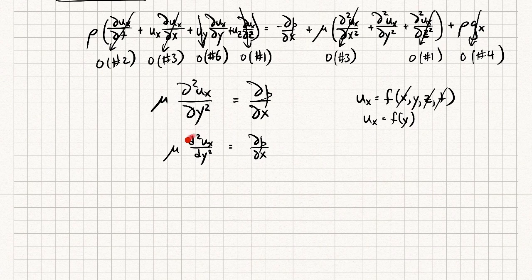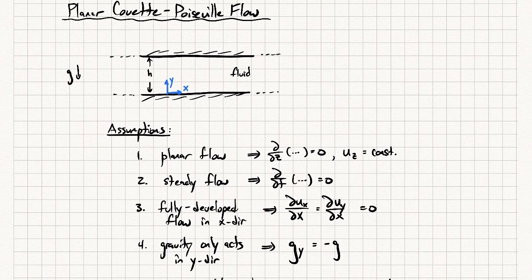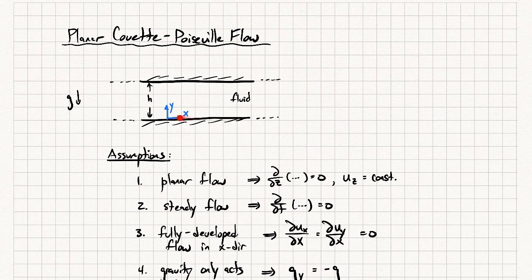Okay, so now we have this ordinary derivative. We still have our dp dx in here. So we're still assuming that there's some pressure gradient that's helping to drive the flow. What I mean by that is the pressure's changing in the x direction. If I go back up to the picture here, what that means is we could be driving the flow because the pressure over on this side might be larger than the pressure over here.